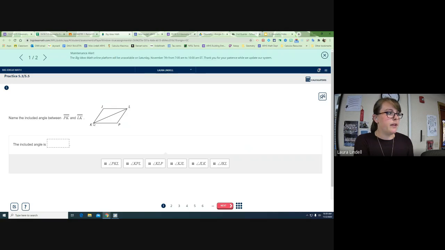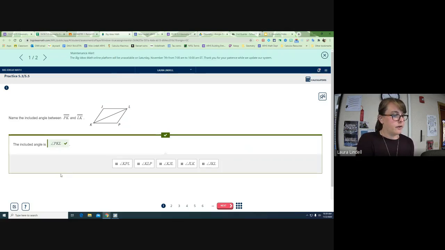Let's look and see if we can find it down here. And it turns out it is the first one, PKL. So PKL or LKP is what we're looking for. That's the included angle between these two sides. So that's just a quick breakdown exercise of finding the included angle.